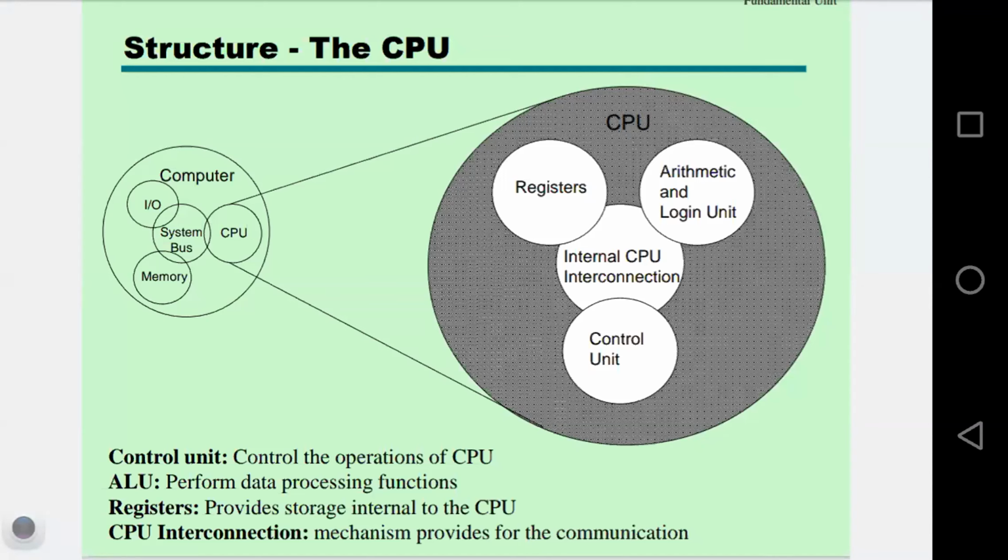ALU, arithmetic logic unit, by the name only we can easily understand it is used to process data. We can perform arithmetic and logical operations with the ALU. Then the registers. Registers provide storage internal to the CPU.